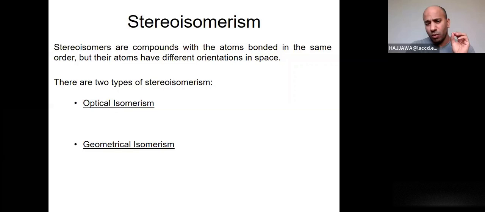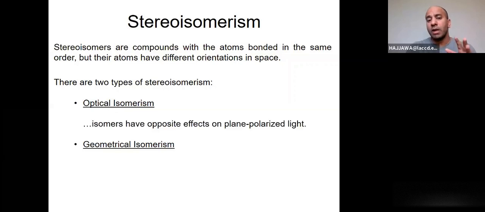The first one, optical isomerism, refers to compounds that have opposite effects on plane polarized light. It's a term we use with a machine called a polarimeter. We will see it today. This polarimeter measures the optical activity of the compound, how it rotates plane polarized light, and it gives it a value. And we will talk more about that.